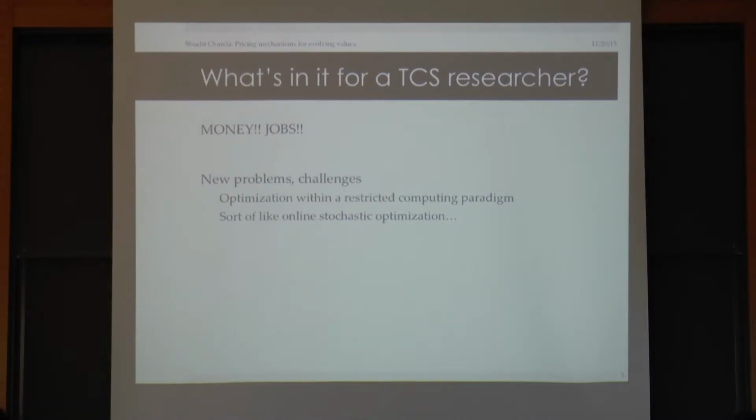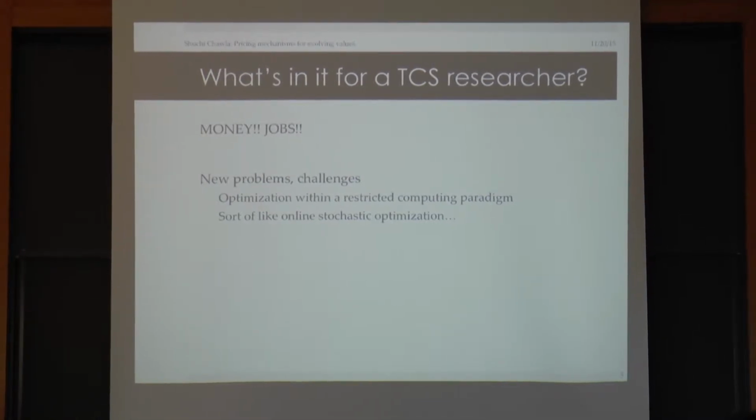Okay. But more seriously, I want to say that mechanism design is very much up our alley for theory. It's basically just optimization within some sort of restricted computing paradigm. You have these extra constraints. Oftentimes these constraints have a nice structure, and I like to think about mechanism design problems as basically some sort of online problem.